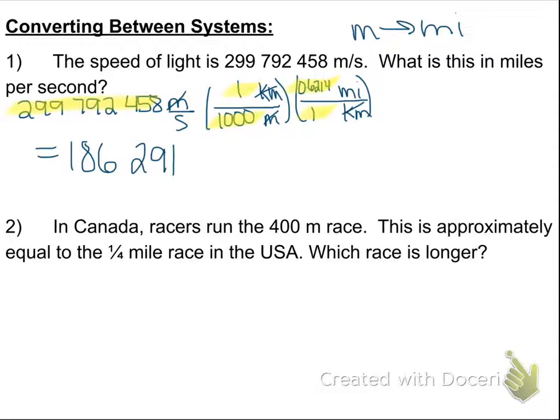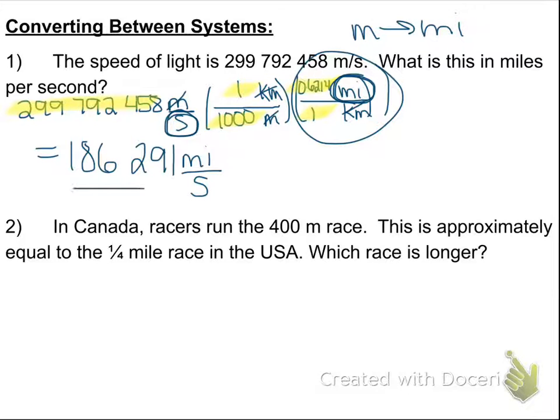And if we analyze our units, we've got this unit of miles left over here and this unit of seconds left over here. So this must be in miles per second. Now, if you used a different conversion here, instead of that specific one, your final answer will be slightly different, but that's okay.